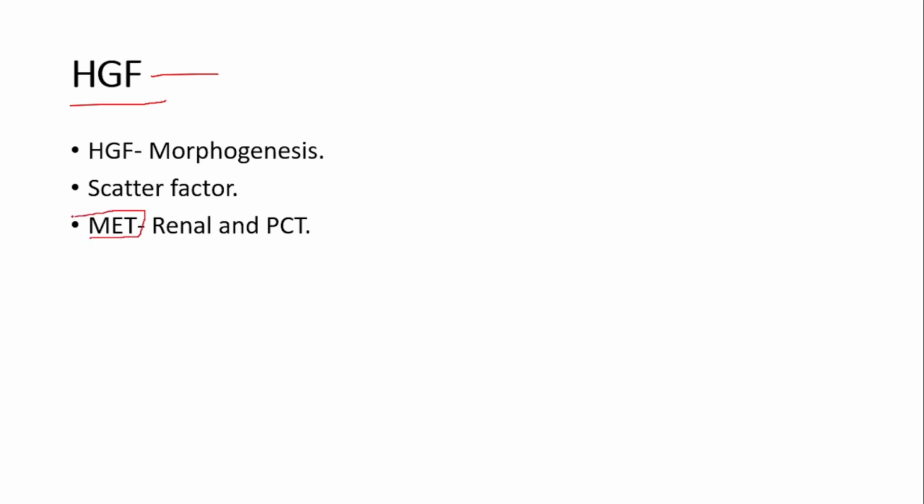So MET is the receptor for this HGF, and mutation of MET is well known in renal as well as papillary carcinoma of thyroid. And a clinical application of this is that MET inhibitors are helpful in the treatment of renal and papillary carcinoma of thyroid.